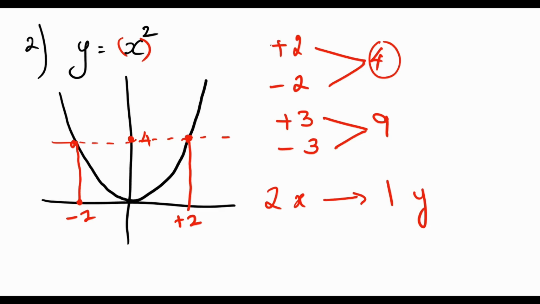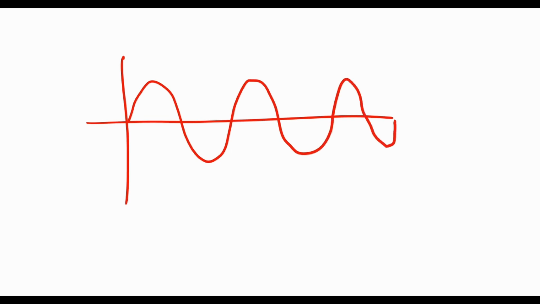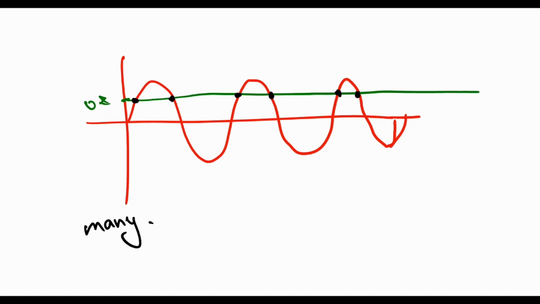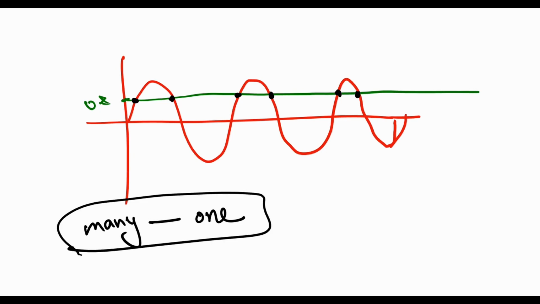For example, if you take the sine curve, right, or even the cos curve, any periodic curve, you can see that if you say this is 0.8, and if you draw a line across, you can notice that there are so many x values that give the same y value, right? So which means many x values giving one y value. So this is called a many to one relation, where many x values give one y value.